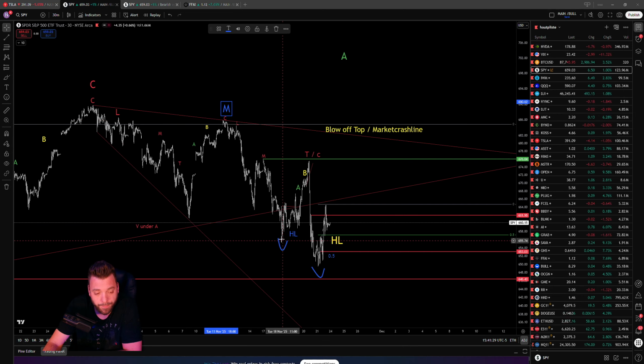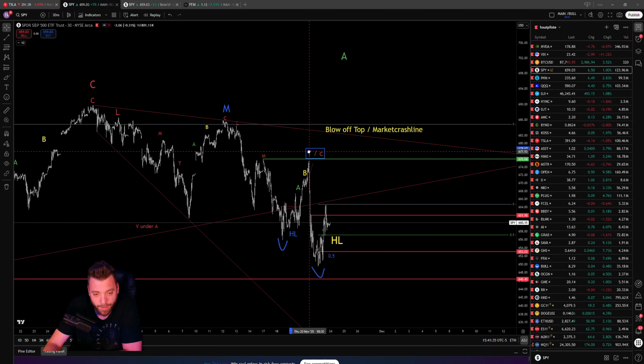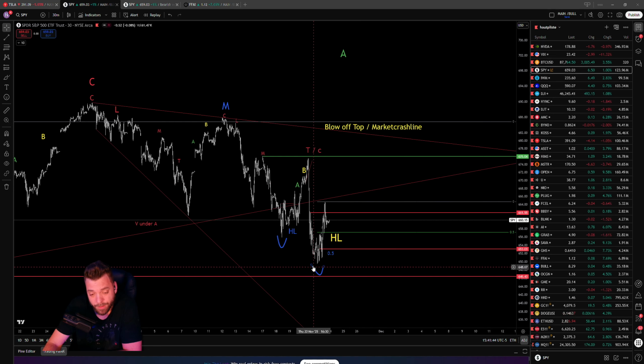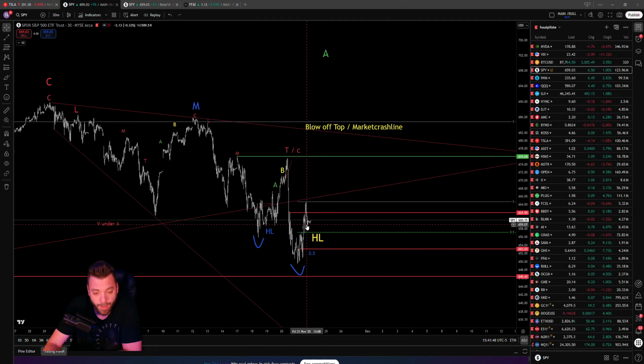You fall down under the start of M. So here the M is finished. And then you went up to your T. And then you fell down lower where we started. So for the bullish version, T is finished. This is our V. And what we did on Friday would have been already a higher low.